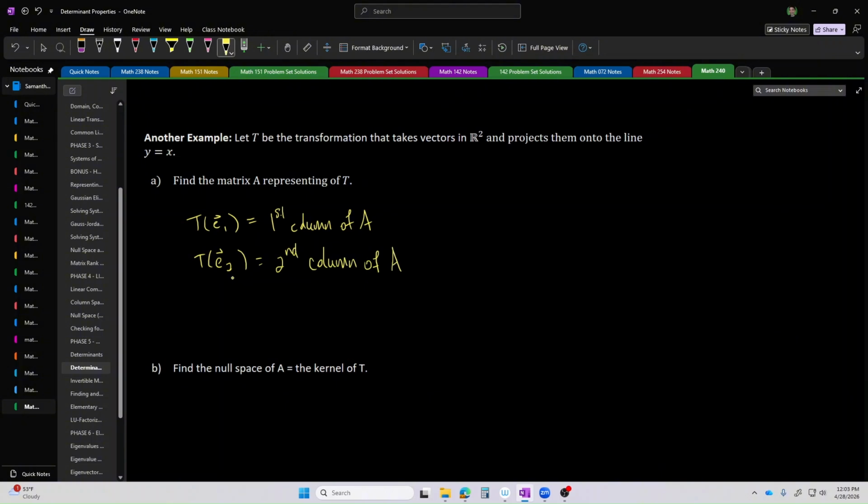So let's go ahead and project the standard basis vectors onto the line y equals x. And in order to do that, we should try and find a vector that spans that line so that we can project onto that vector. For example, for simplicity's sake, I might just project onto the vector w equals (1, 1).